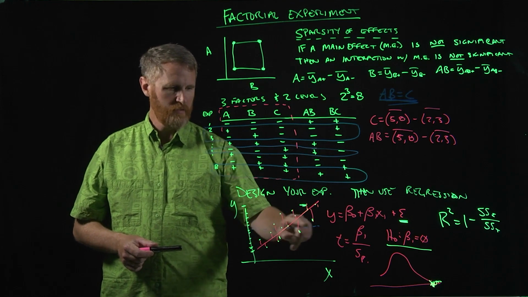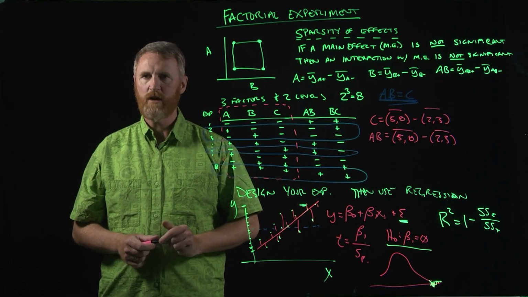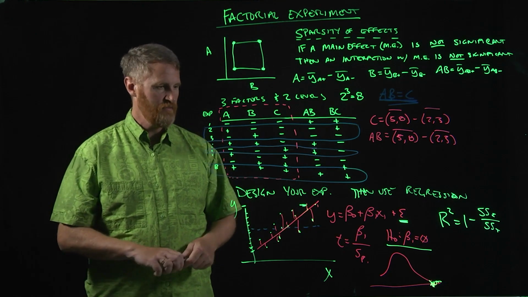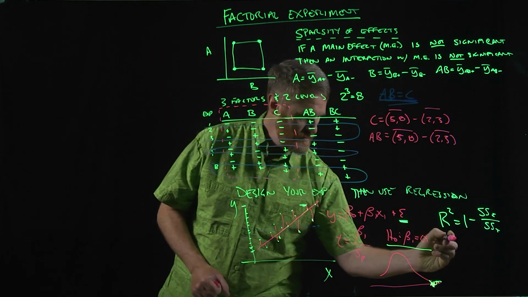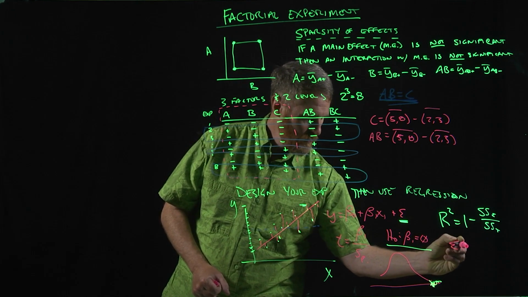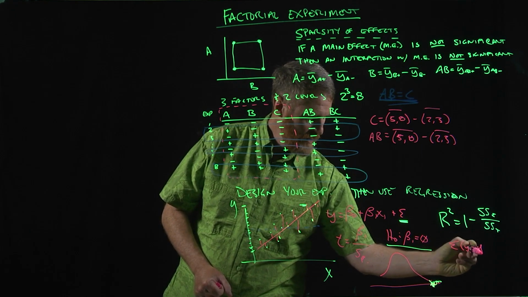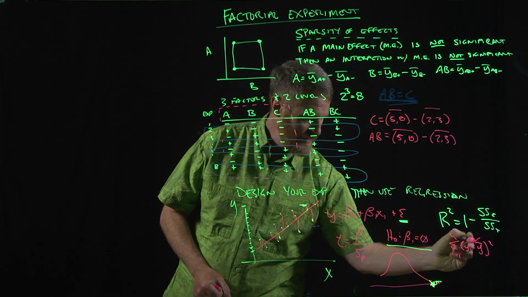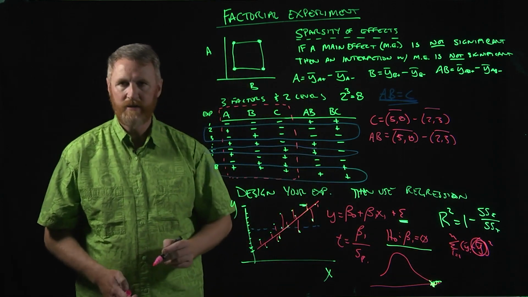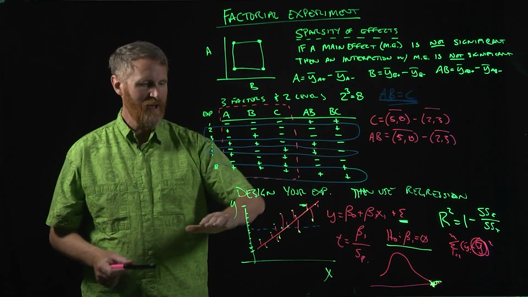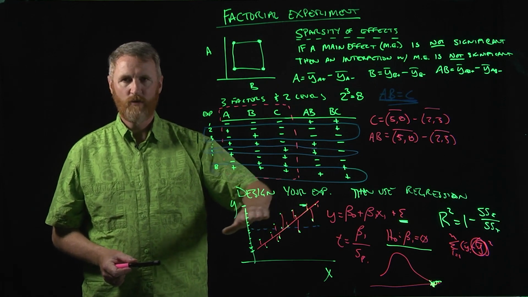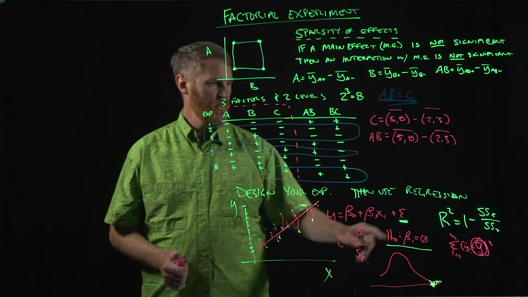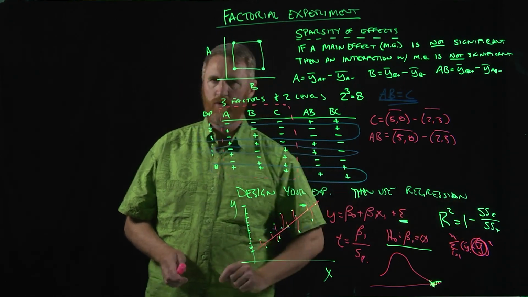If you had a line that was completely flat for your model and you didn't even try to explain it, well then the deviation from the mean, keep in mind that the variance equation is the sum of y minus y bar squared. So that y bar is the line that's the mean right there. So if you have no model at all, the worst possible model of just, hey, I think it's the mean, no guess whatsoever, then this error would be the same as the sum of squared total.